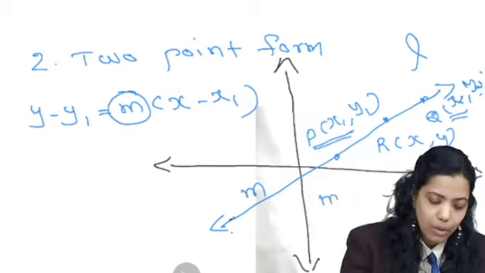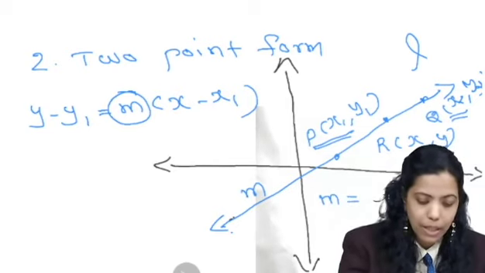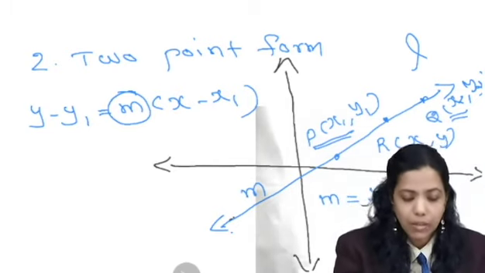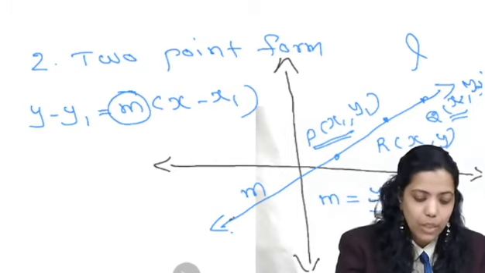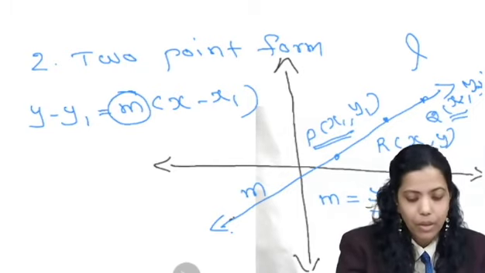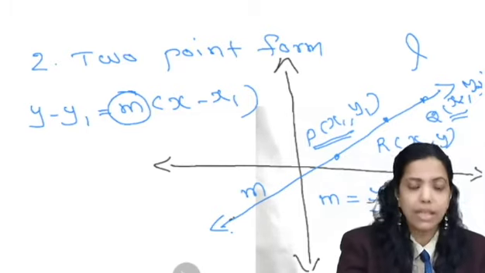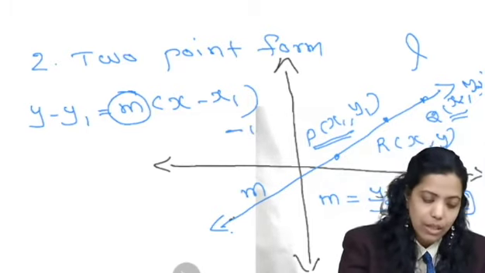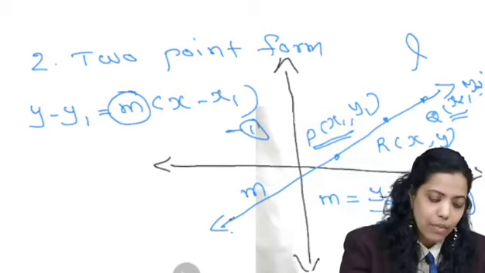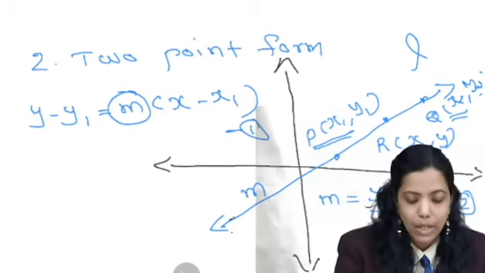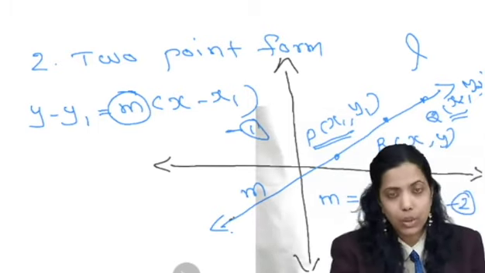So here we are going to find the slope of the line, m equals the difference between the ordinates, that is y2 minus y1, upon the difference between the abscissa, that is x2 minus x1. In the equation, we can replace the value of m by y2 minus y1 upon x2 minus x1.